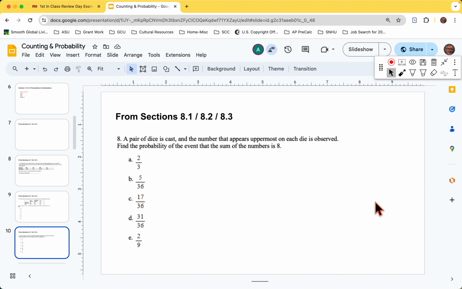So if there's 5 ways to roll an 8, and there's 36 total ways, that's our probability. This does not reduce, and that answer is right here. A lot of these, once you know, are so easy.